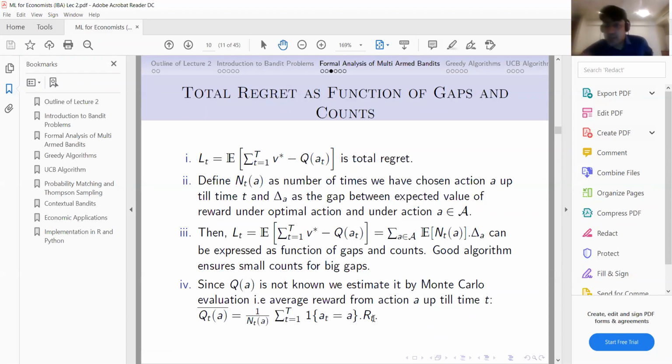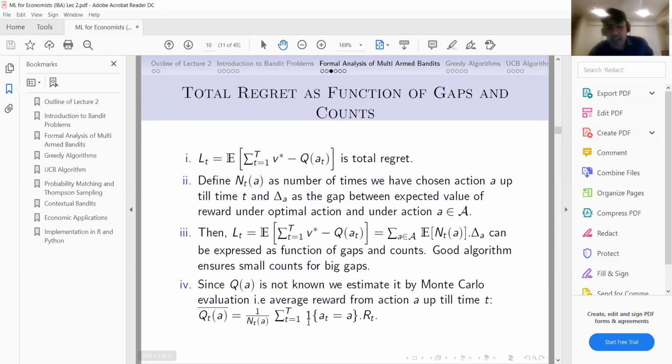So remember, you do observe the reward over time as you keep on interacting with the environment. You choose an action, just like you pull a lever in the casino, you observe the reward immediately. So you know what the reward is after you've taken the action. So the reward is a function of the action. And so you keep on adding the reward times this indicator variable, and then you just take the average. And obviously the average has to be with respect to NT of A, because that is the number of times that you've chosen this action so far.